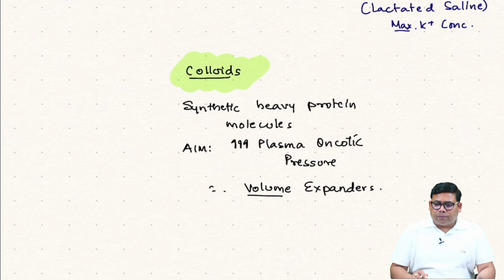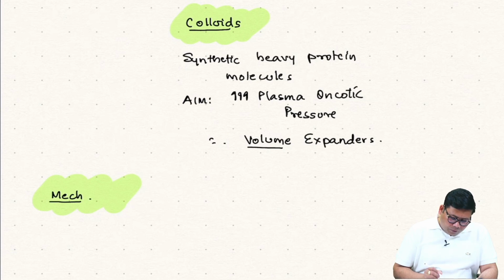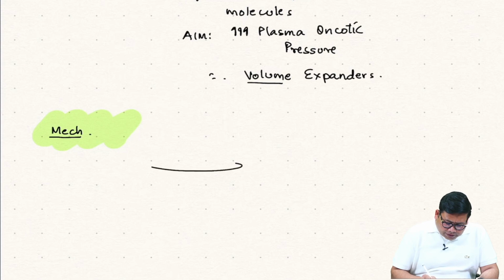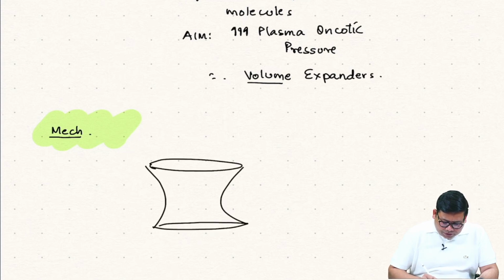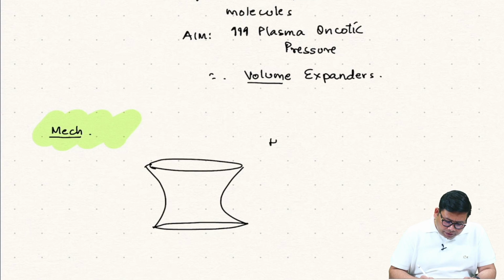I shall also explain the mechanism of how colloids work. This is very important. The mechanism of colloid is very simple. Colloids are very commonly used during surgeries. Suppose I am doing a surgery, and all of a sudden the patient has some catastrophic bleeding, unfortunately, and there is a lot of blood loss, and this has resulted in hypotension.